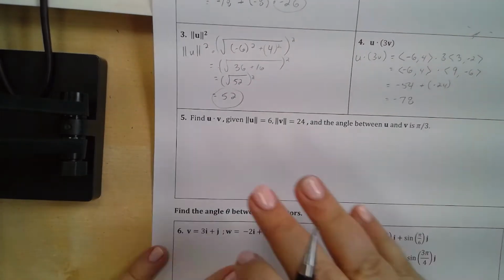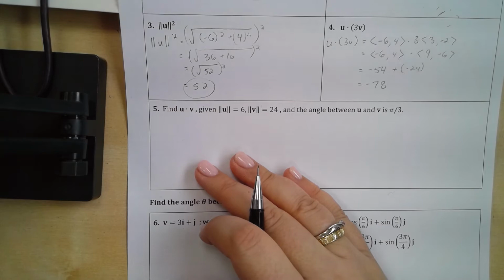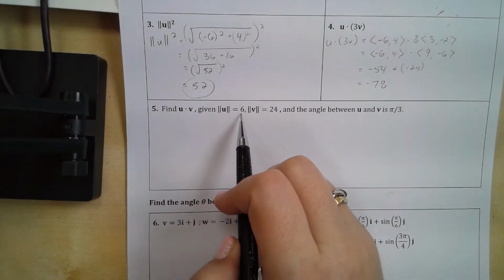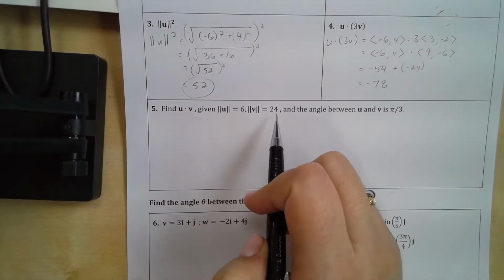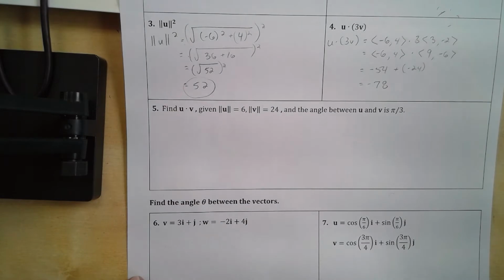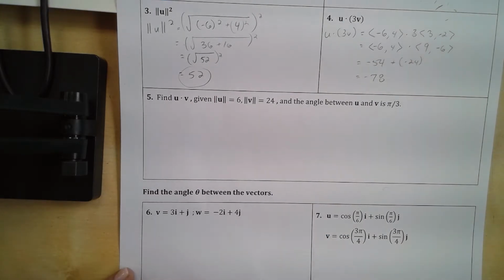All right, let's do number 5. Find u times v, given that the magnitude of u equals 6, the magnitude of v equals 24, and the angle between u and v is pi over 3. Well, we need to know some information about that, and we actually have a formula that can tell us.